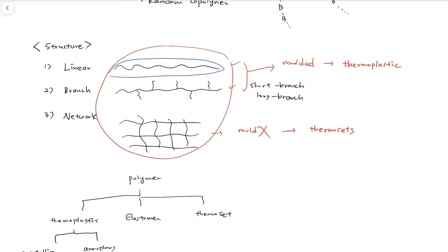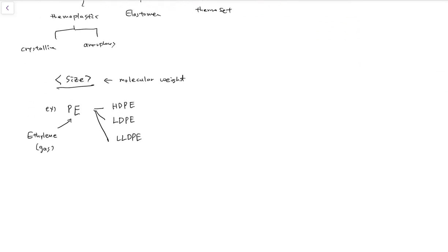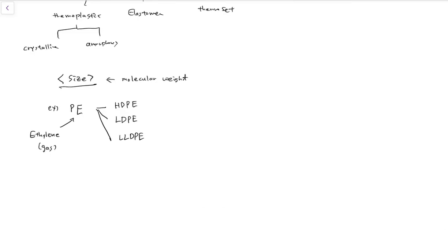If the packing is more efficient, there could be more polymer chains in a given volume, which could result in higher density, right? So usually linear polymers afford high density properties. High density polyethylene is usually used for things like plastic bags or baskets with relatively large strength.